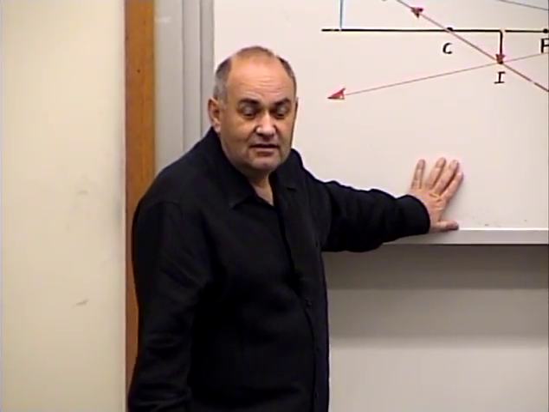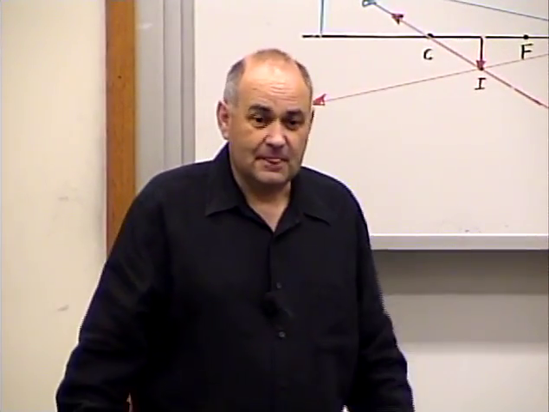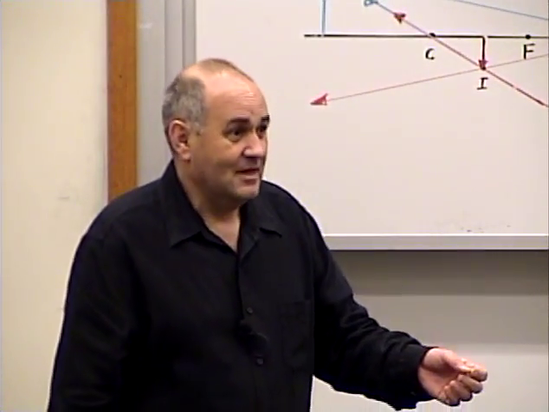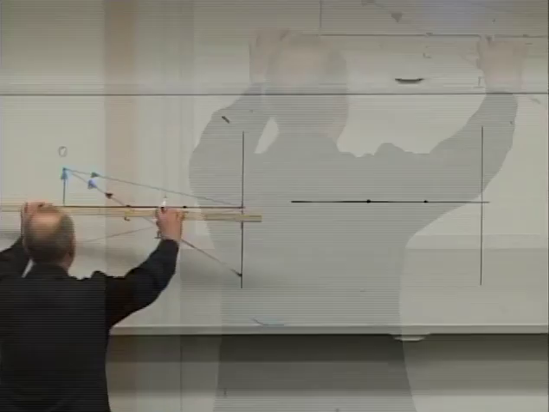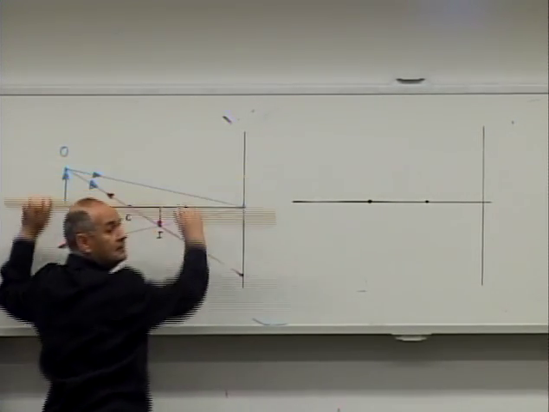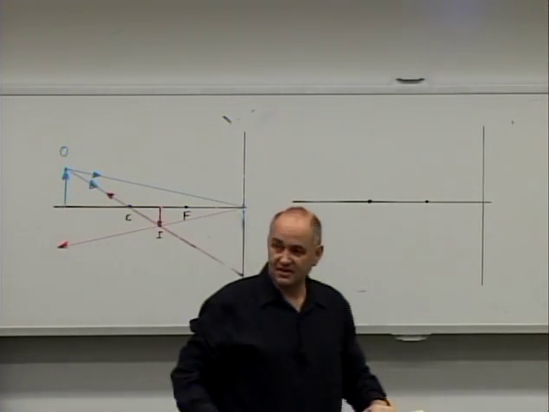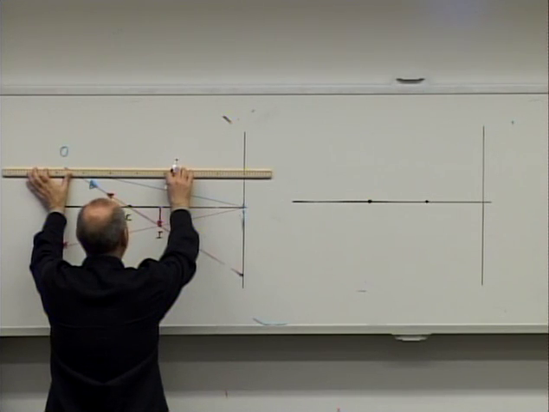Vincent, which ray do you want me to use? Just give me a name. Parallel ray. See, he is good. Just say parallel ray. All right, I'll draw a parallel ray. Which parallel ray? The object parallel ray, correct. So let's use the object parallel ray.